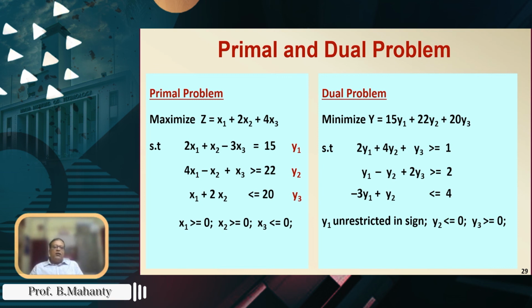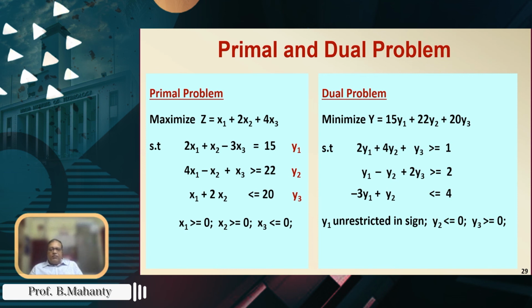Right. So in this particular lecture, I have discussed duality, the basic idea of duality, how the primal and dual problems are equivalent, how the dual of a dual is the primal, how shadow prices are connected to the dual solutions, how to convert a primal problem to the dual problem, how variable types are connected to the constraint types of the dual, and constraint types of the primal are connected to the variable types of the dual, how standard forms of the primal correspond to the standard form of the dual, whether it is maximization standard form or minimization standard form.